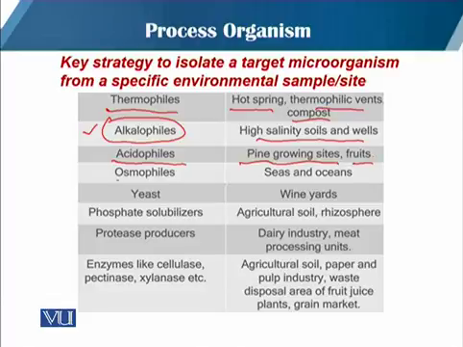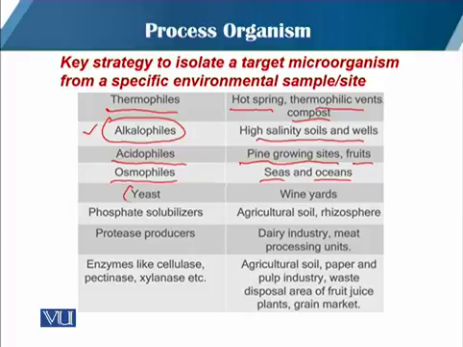If we want to isolate osmophiles or halophilic microorganisms, then we can use the sea, different oceans or some high salinity lakes. In Pakistan, we can have a suitable habitat in the Khewra mines.